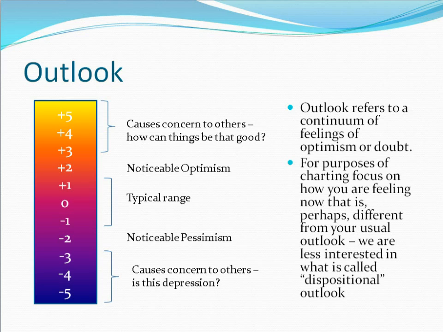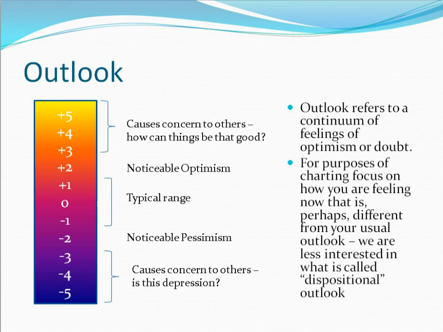And one key thing is that the middle range is the typical or perhaps normal range. So on this scale, you don't want to be rating yourself as +5 on Outlook, because that means you think you're God. So for a typical range, +1, 0 to -1.